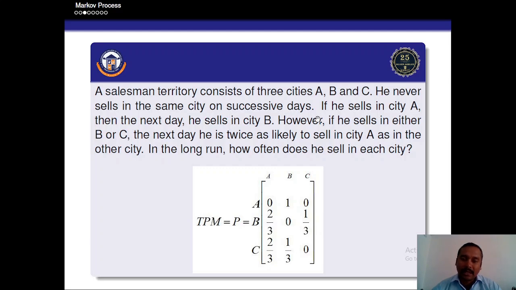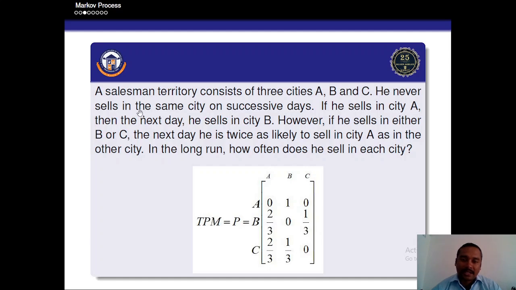That means the sales in the city for the next day depend upon the present day only, not on the past days. Now formulate the matrix corresponding to this statement. The salesman's territory consists of 3 cities, so the problem comes under 3 states. Here the states are denoted by A, B and C.